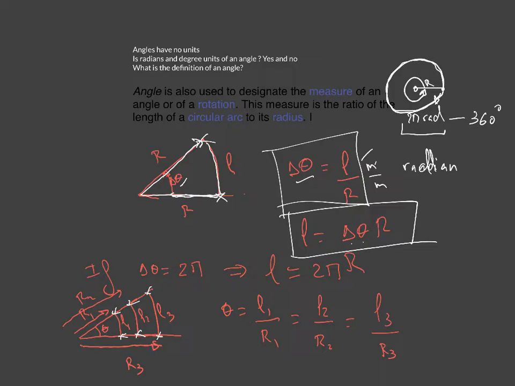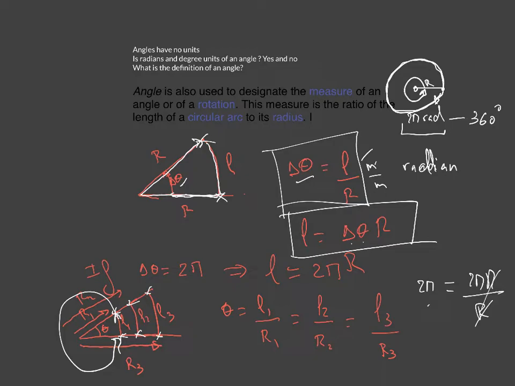This is something that you have to stop and think about, because it's very important to realize. For example, if you make the angle 2 pi, meaning that it goes one round, the length will be 2 pi r and the radius will be r. So 2 pi is equal to 2 pi.